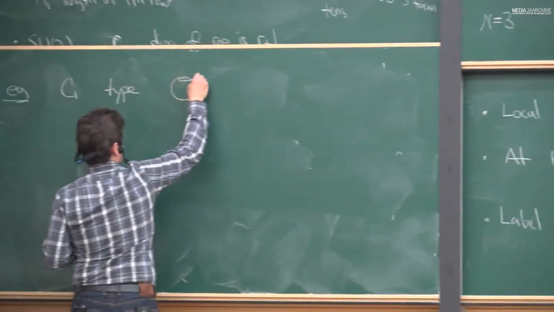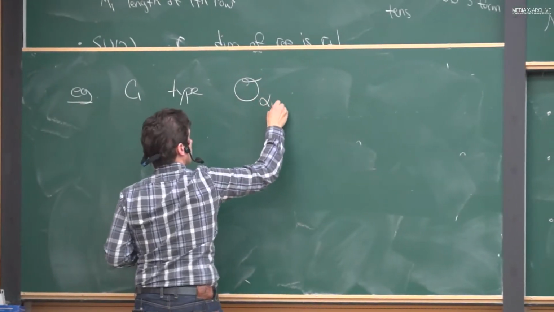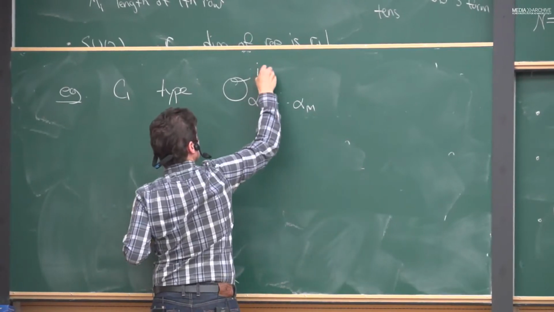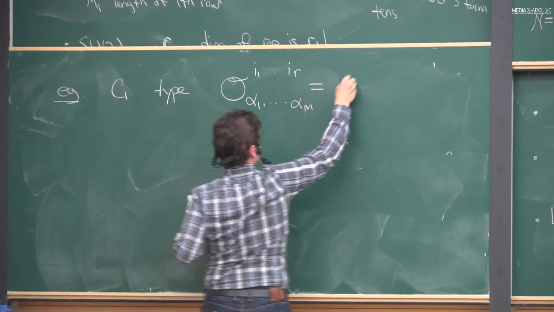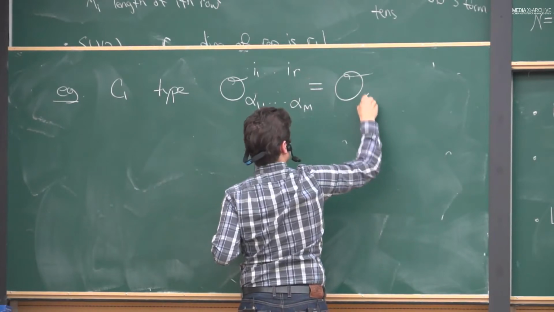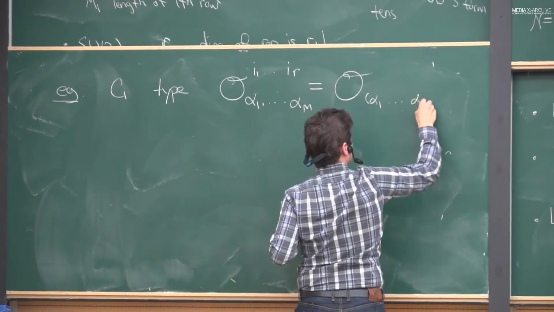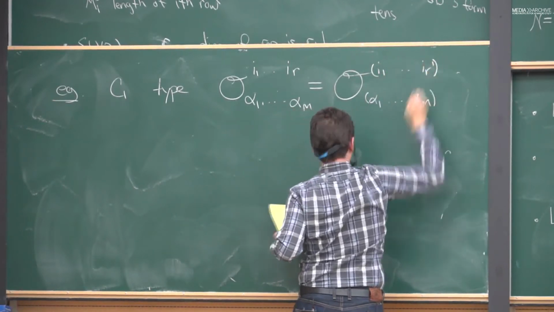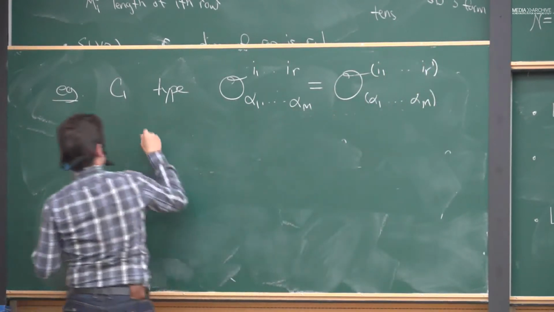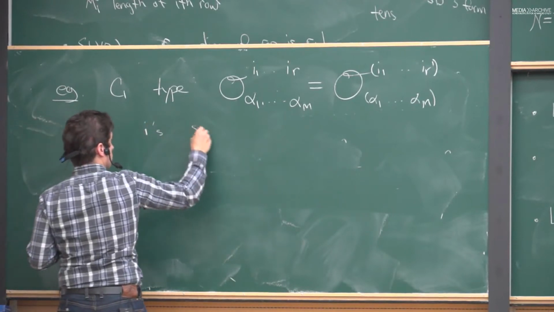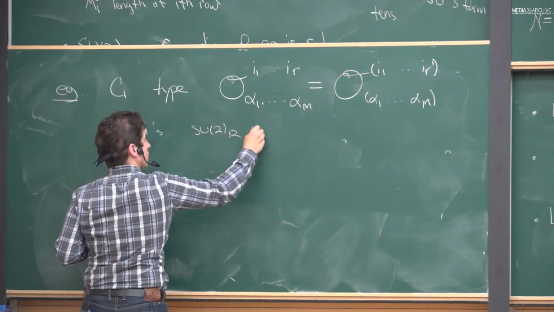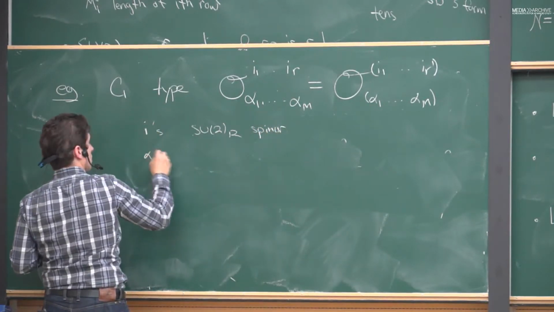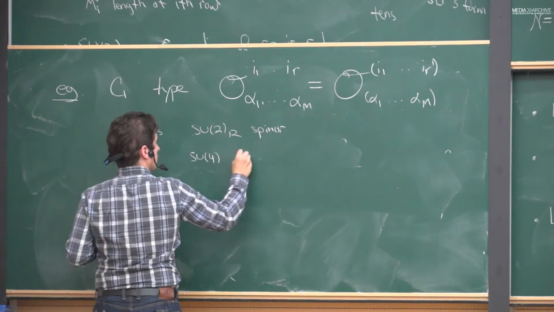So the primary is a guy like this, where here the i's are SU(2)_R spinor indices, and the alphas are SU(4) spinor indices.